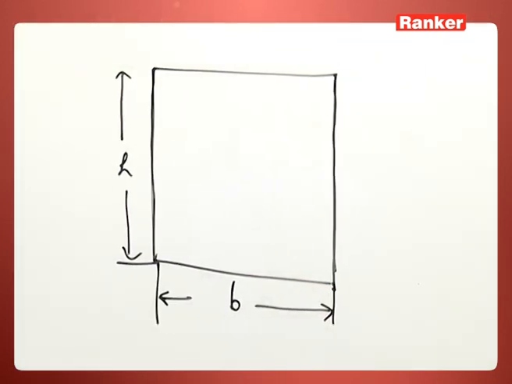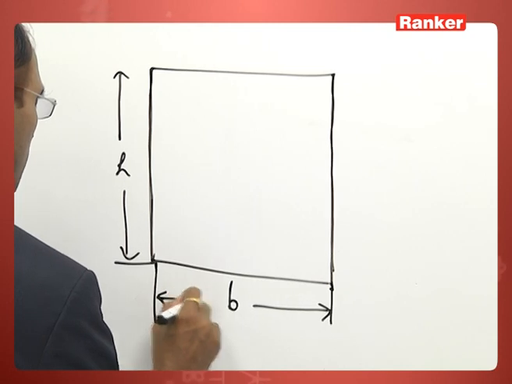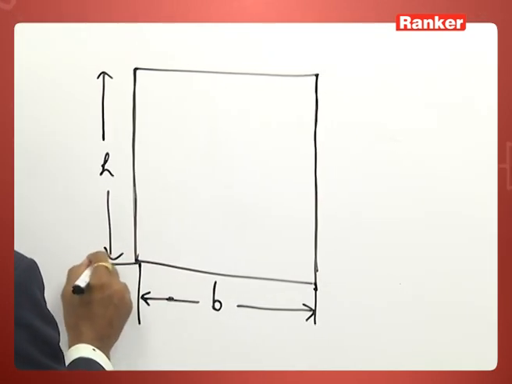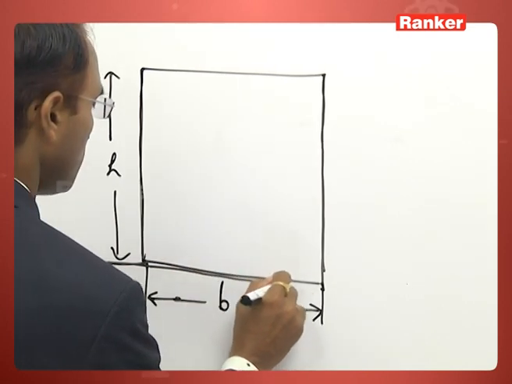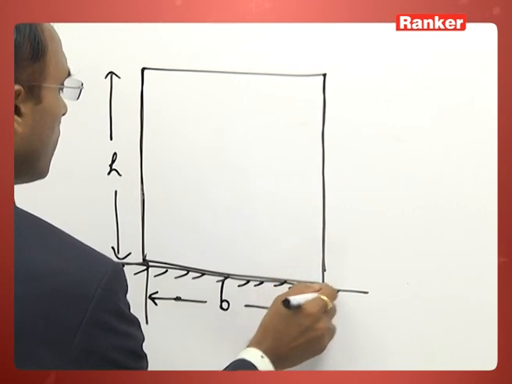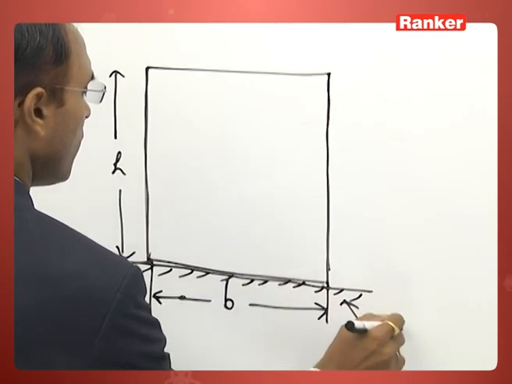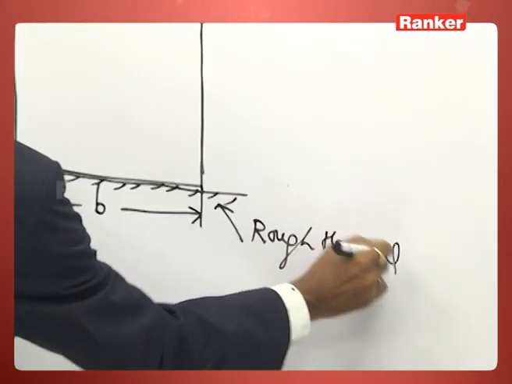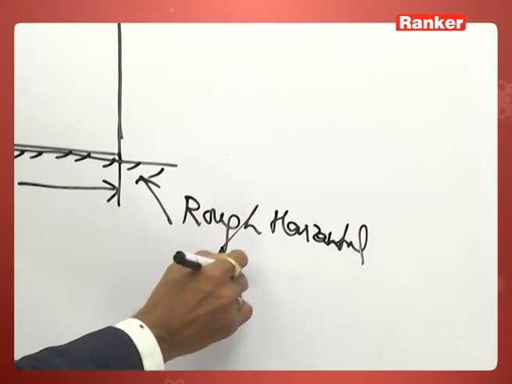More generally, the box may be a rectangular solid. It's placed on a rough horizontal surface.